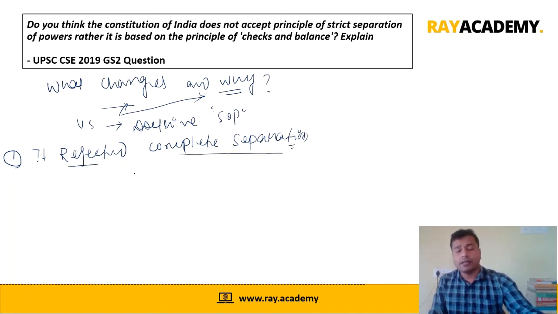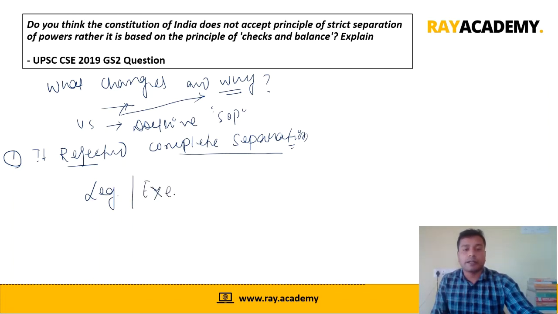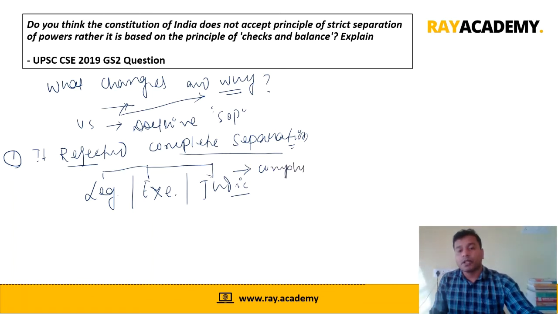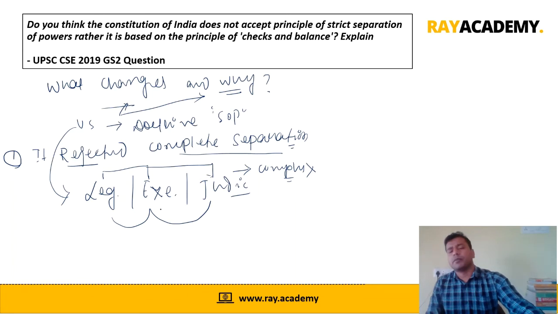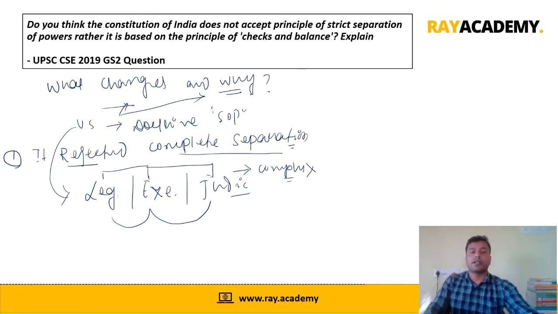The USA, while incorporating it into its constitution, held that the three wings of the government, legislature, executive, and the judiciary, do you remember that Montesquieu proposed that these three wings of the government shall be completely separate? But while incorporating it into their constitution, the US rejected this watertight arrangement and allowed a little bit of interaction among the three wings of the government. And what was the reason behind it? Let us understand.